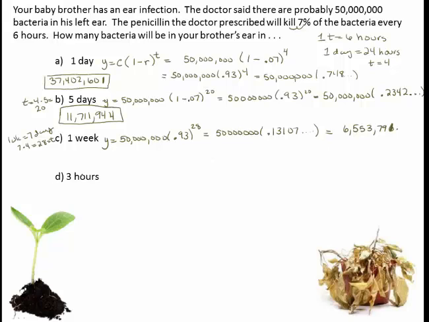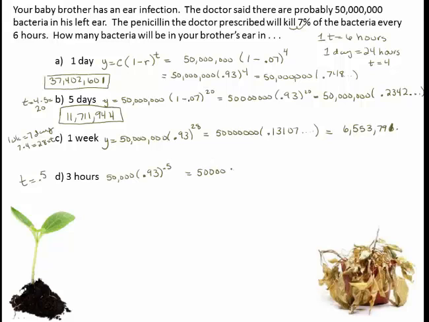If we had only gone 3 hours, that's half of t. So t would be 0.5 for 1/2. If I raise 0.93 to the power of 0.5, I'm going to get 0.96.